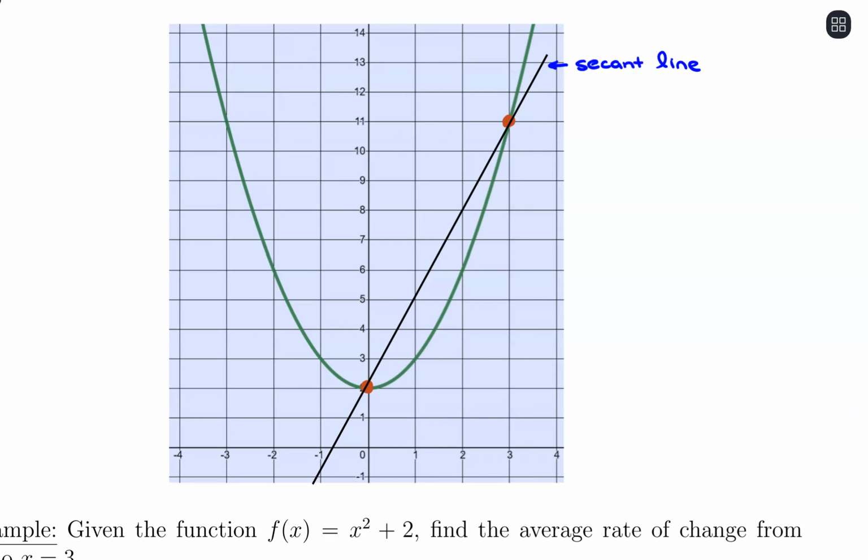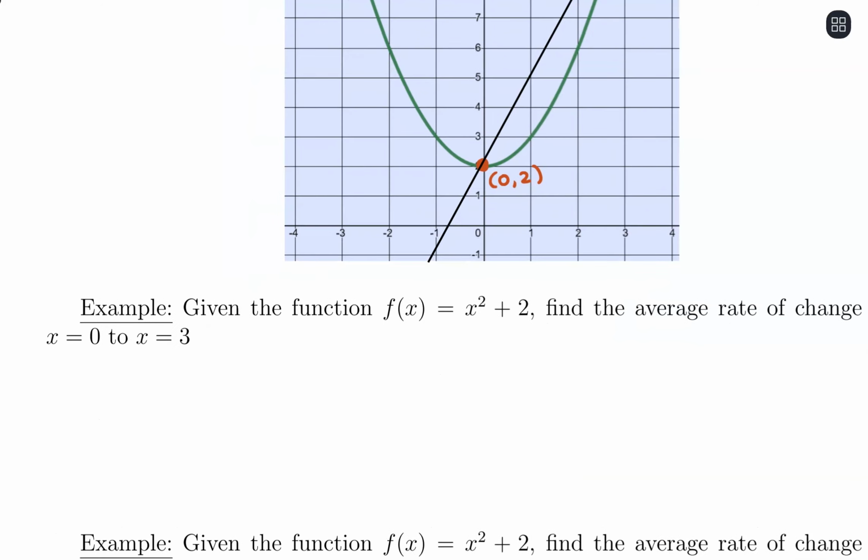And then we have our 2 coordinates, (0, 2) and (3, 11). The slope of that secant line, or that line going through the 2 coordinates, is our average rate of change. So we're getting this idea of overall, how did our function change from 0 to 3? We can see from the line there was quite an increase, but let's actually calculate this.